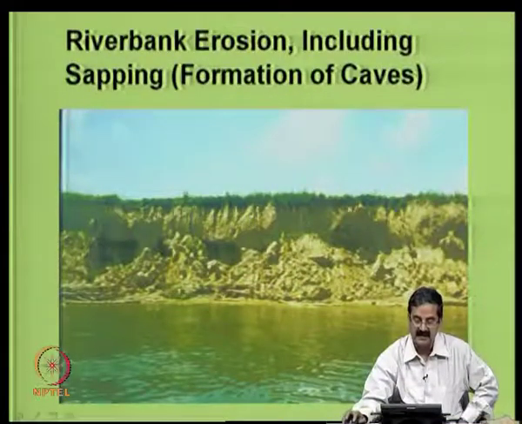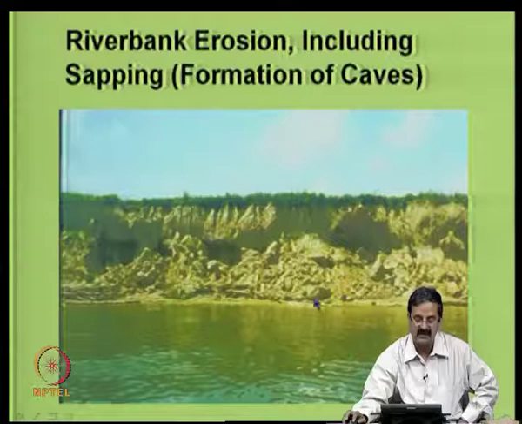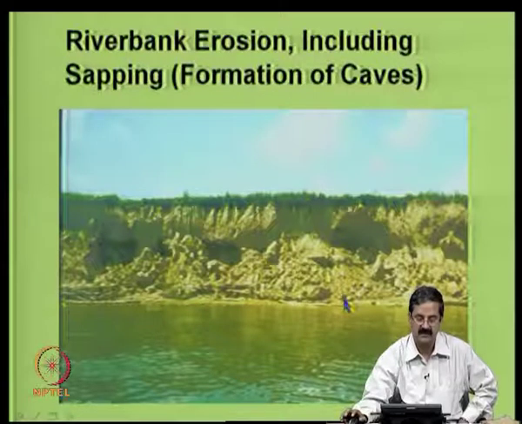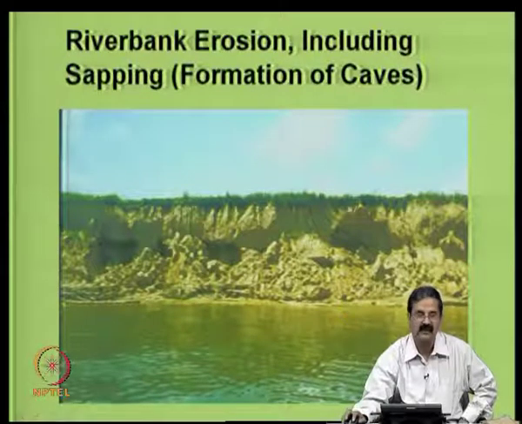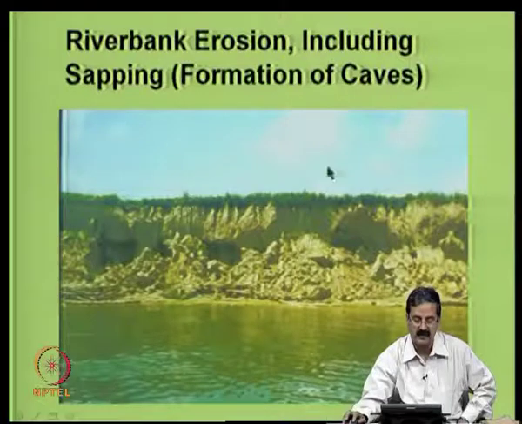This is another classical example, many places you see along the rivers, and the possibility is that if you continue like this, the whole river course could change. The whole river course could get affected, the nearby water supply to the villages, and everything, it is a very risky thing.